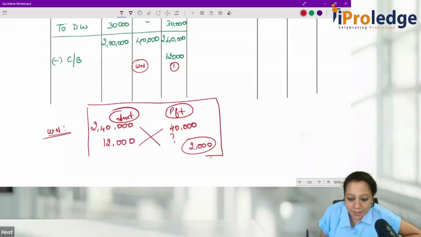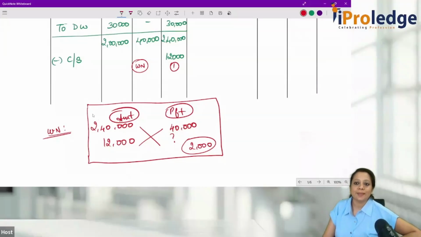They have said in the question that stocks in process are valued at prime cost. So just quickly write it down, then we will go ahead with the process.